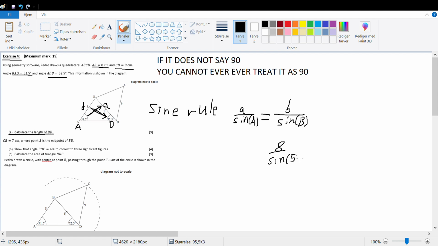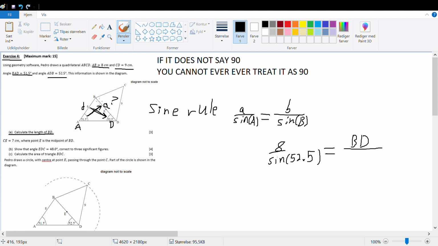52.5, let's say. And we also have the other one over here with a, the side that we don't know. So there I'm going to put down BD, because that's the side we're looking for, but it's also the same as a.